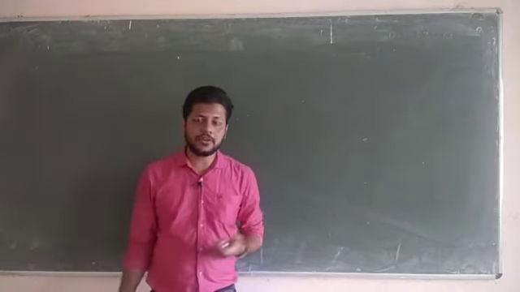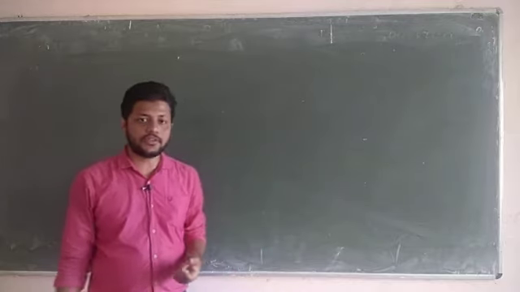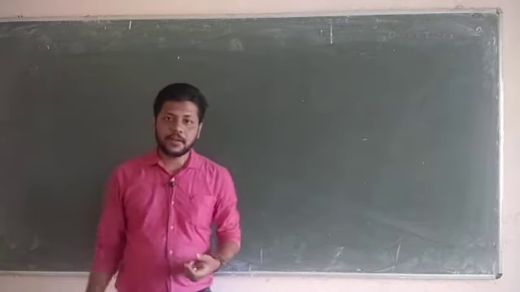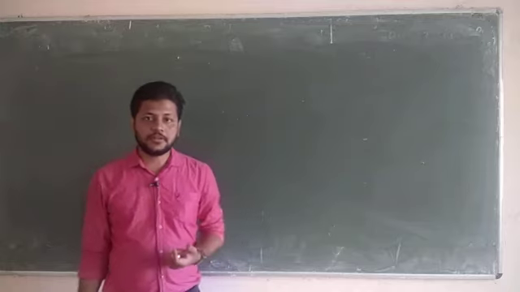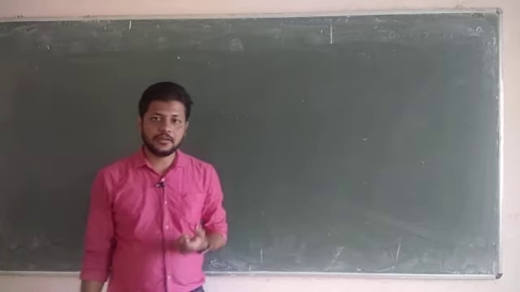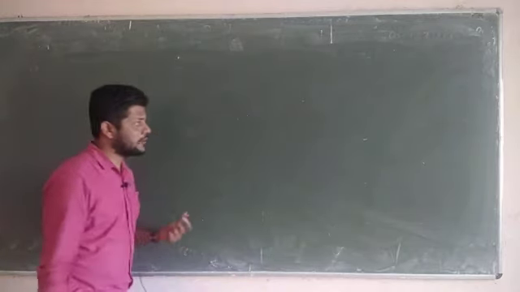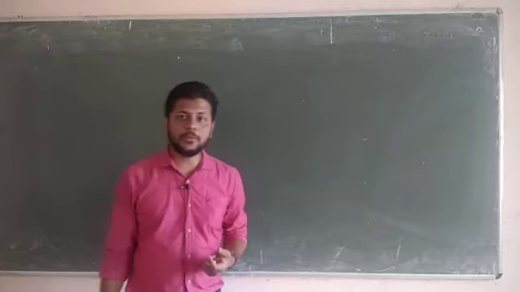So here we will study four types of weighted number system: decimal, then obviously binary, octal and hexadecimal. Then we started how to convert a decimal number.